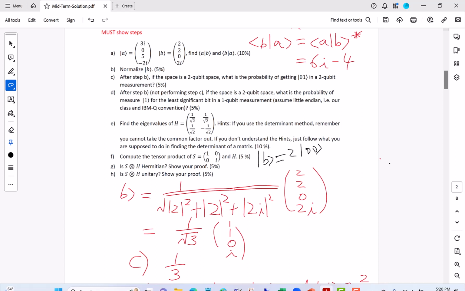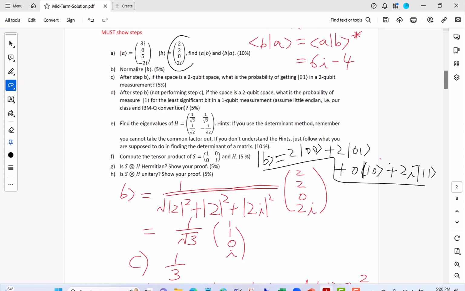It has 4 basis states, plus 2, 0, 1, plus 0, 1, 0, plus 2i, 1, 1. Do you understand what I'm writing here?